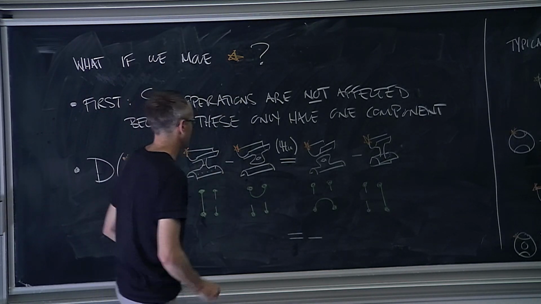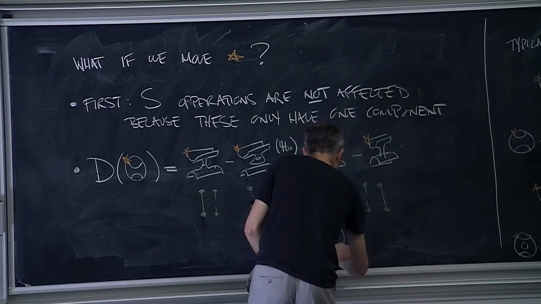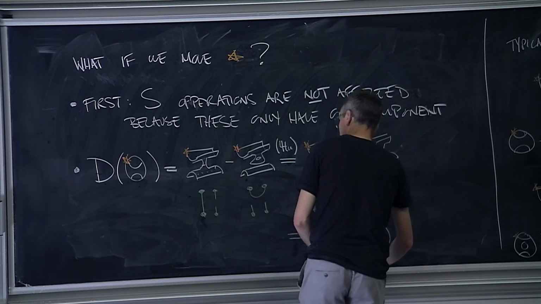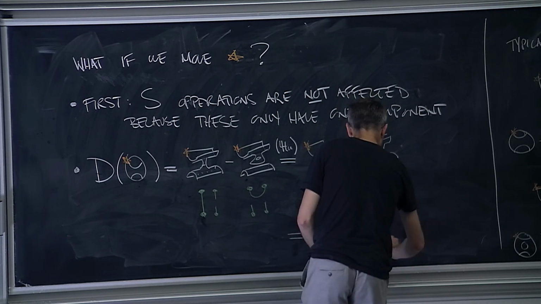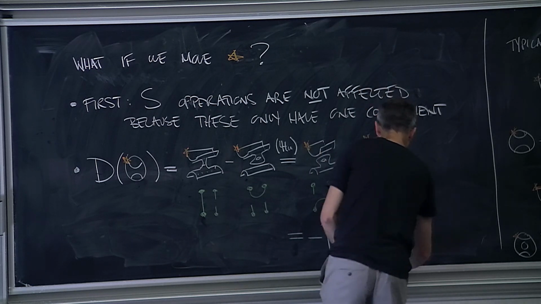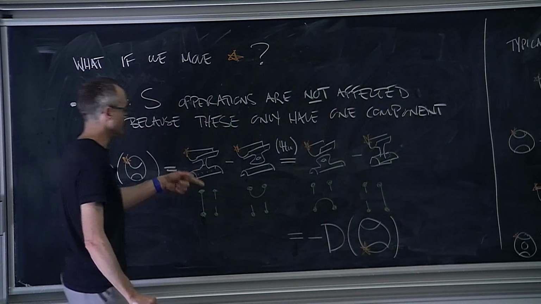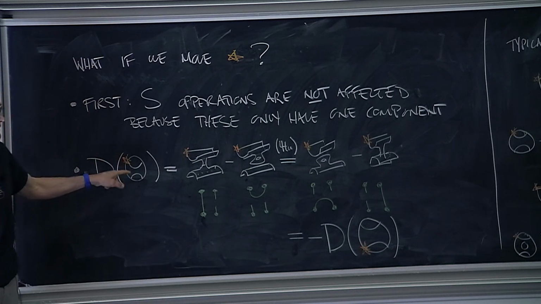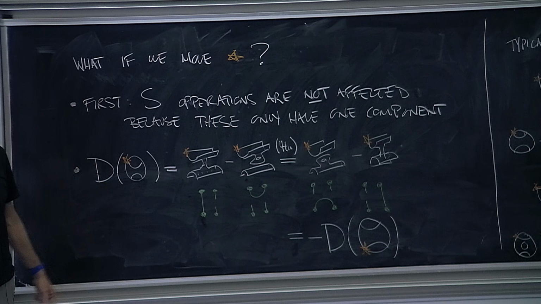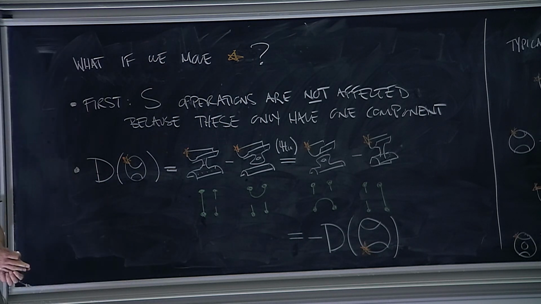Well, what if I put the sign down here, or the star down on the bottom? Okay, so four tubes tells you that moving the star from upper left to bottom left on this particular morphism adds a minus sign. This is bad news.